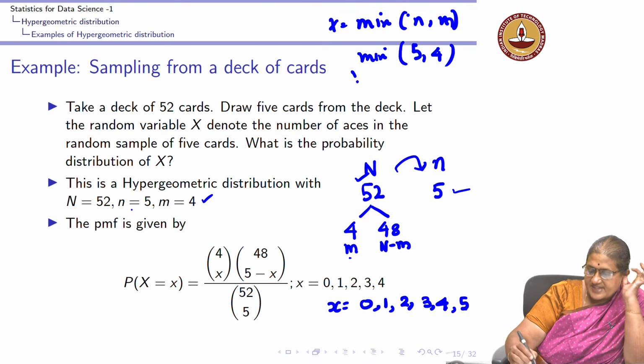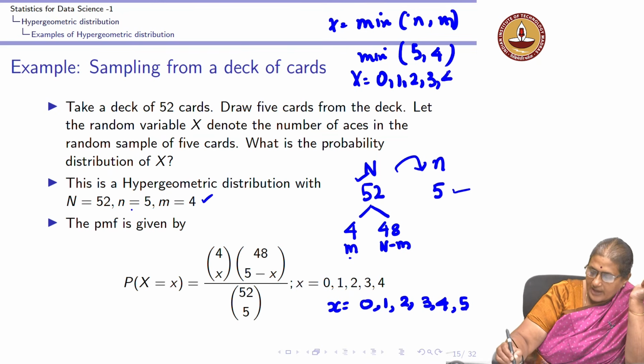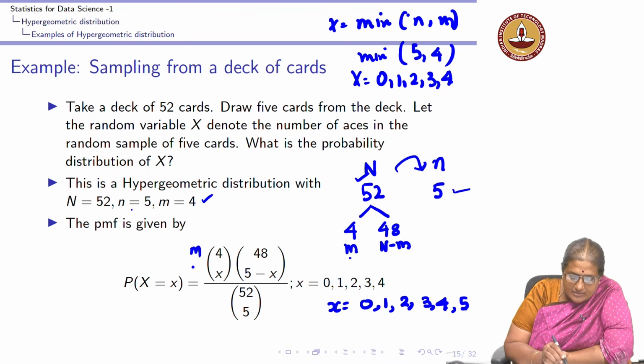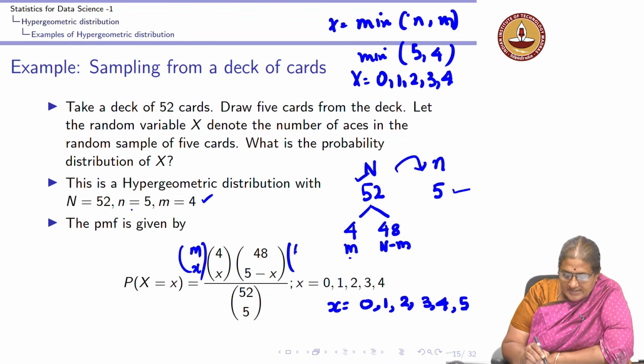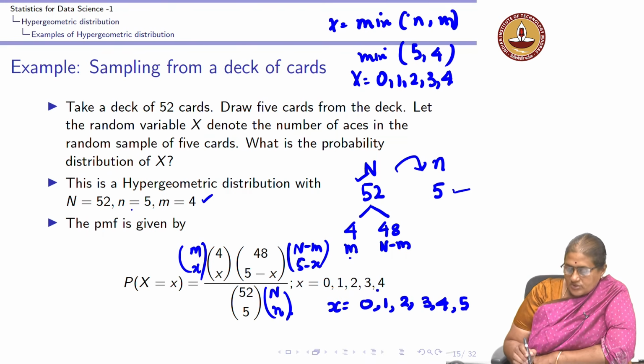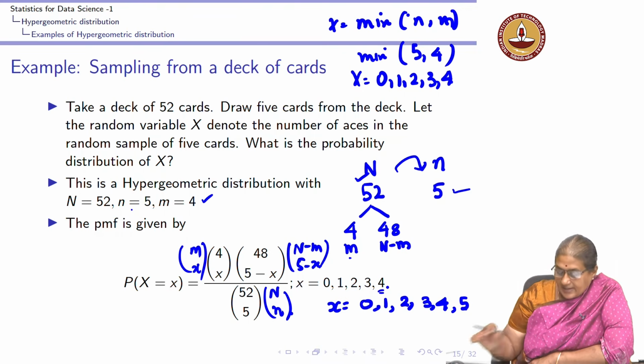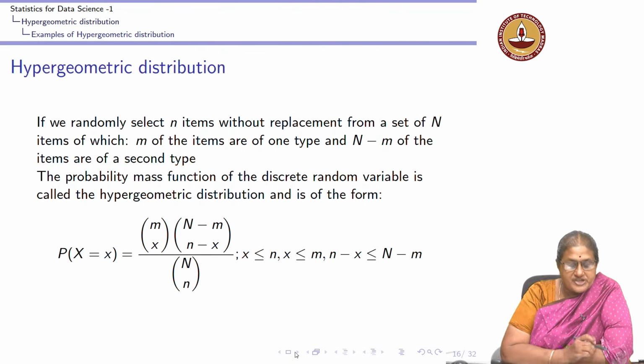So, x takes the values 0, 1, 2, 3 and 4 with the probability mass function m choose x, N minus m choose 5 minus x, divided by N choose n.